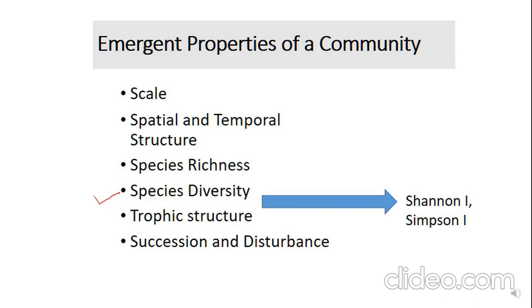Species diversity is the number of species in a community and their relative abundances. Species are not equally abundant. Some species occur in a large percentage of samples, others are poorly represented. For example, some communities like a rainforest are much more diverse than others like a desert.